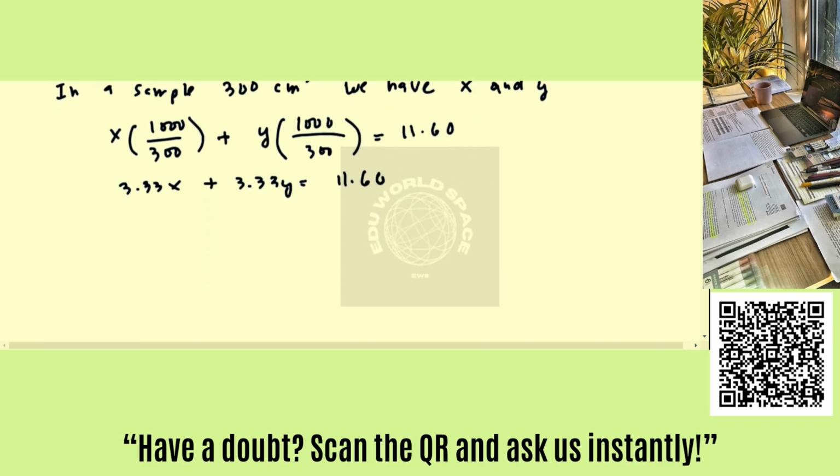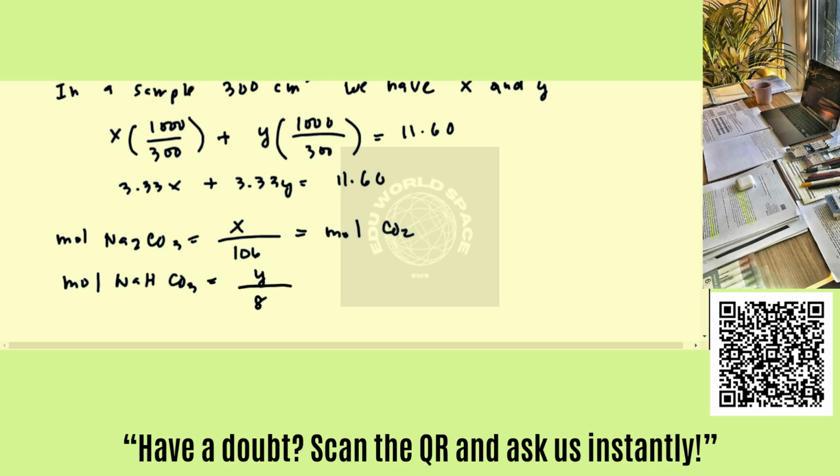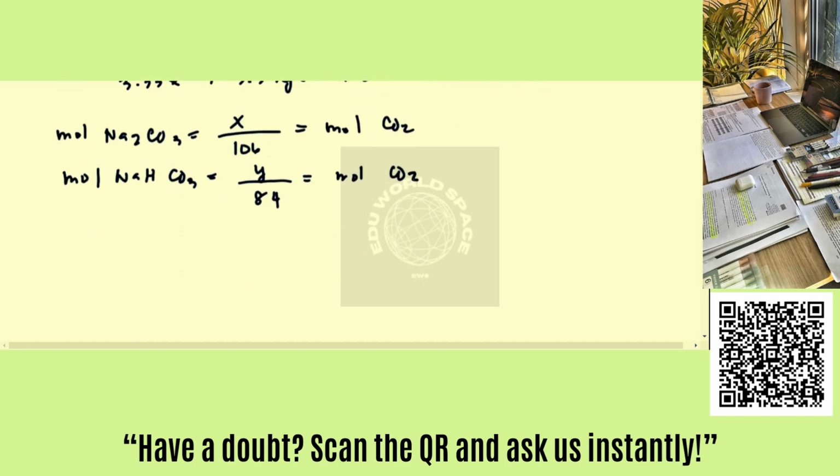Now let us convert these masses into moles. So we have moles of Na2CO3 as the mass over the molar mass, which is 106. And again, from the relationship above, this also equals the moles of carbon dioxide produced. Also, for the moles of sodium bicarbonate, we have Y over the molar mass, and that's equal to the moles of carbon dioxide.